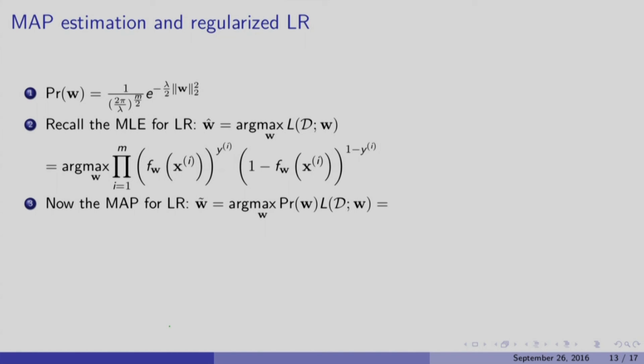Now the MAP can be obtained as W hat that maximizes the product of the prior, which we have already seen, and that of the likelihood, which is something we have already seen through MLE. Now what does this amount to? Well, this basically amounts to the following. Like before, we can take some transformations.